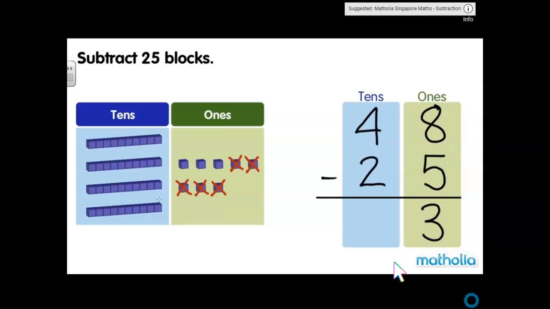Next, subtract the tens. 4 tens minus 2 tens equals 2 tens. There are 23 blocks left. 48 minus 25 equals 23.